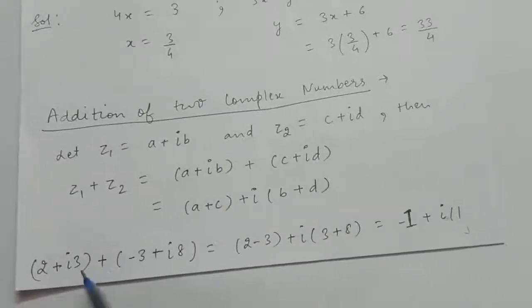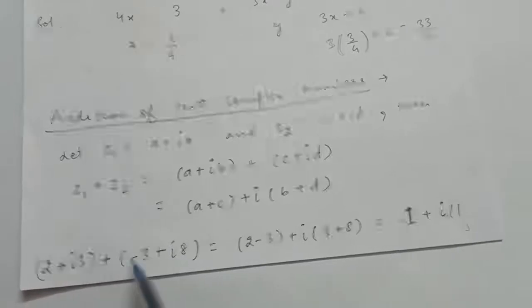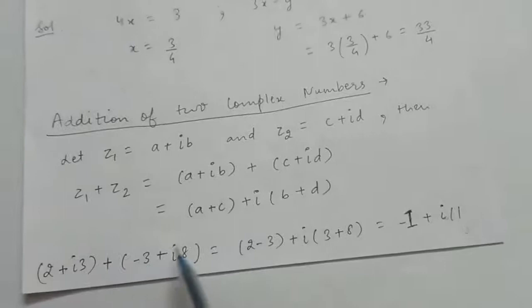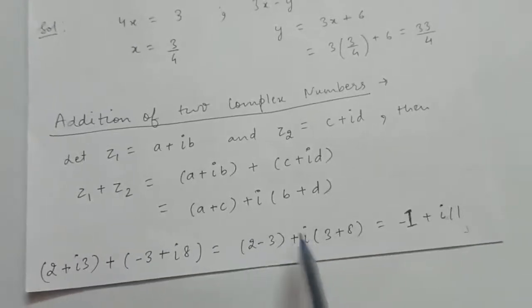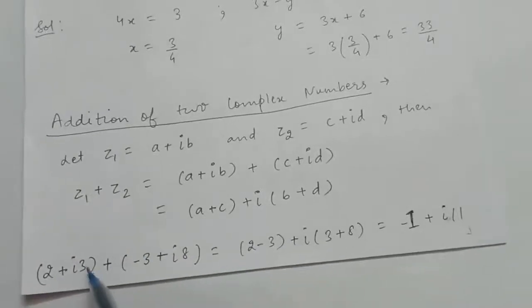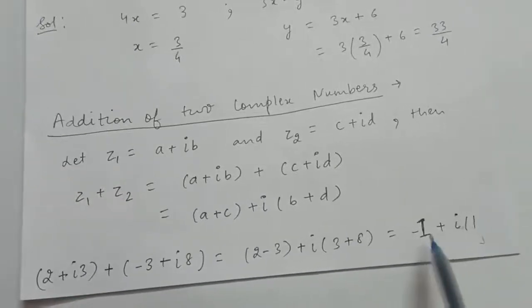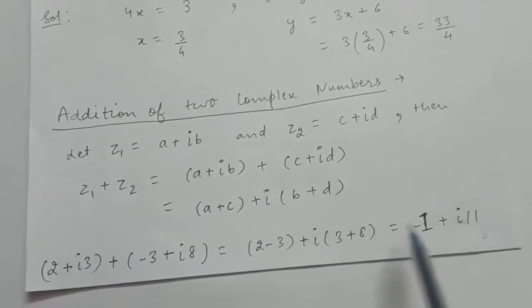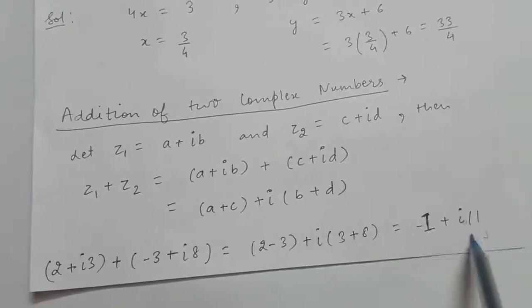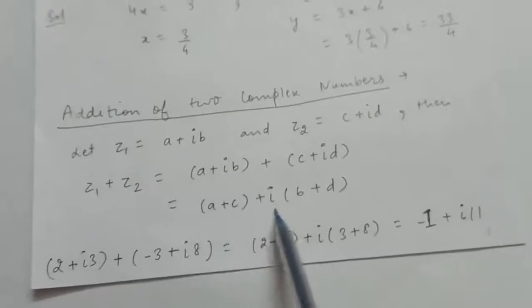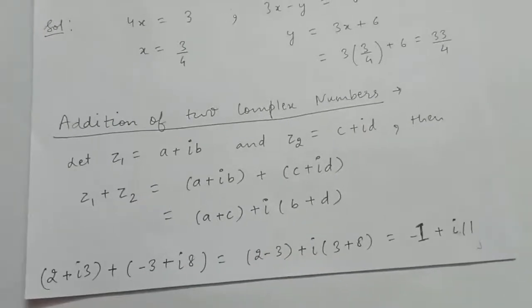For example, if you have to add these two complex numbers, so add their real parts, that is 2 minus 3, plus iota into add their imaginary parts 3 plus 8. So you will get minus 1 plus iota into 11, right? So addition basically means add their real parts plus iota add their imaginary parts.